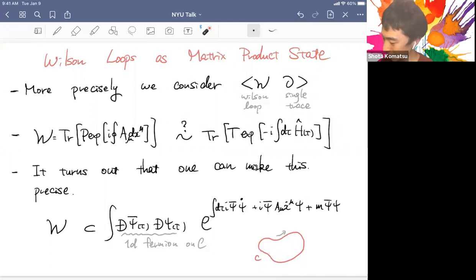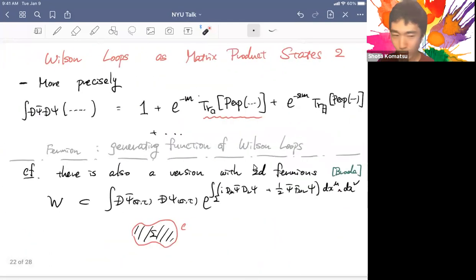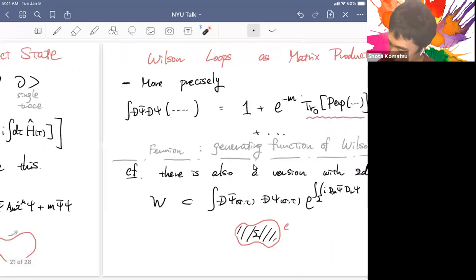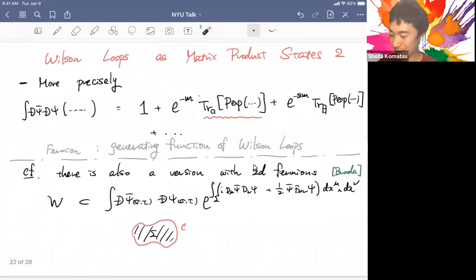This fermion has a standard kinetic term, and in addition, it couples to the gauge field, and it also has some mass term. And more precisely, what I meant by this symbol is that if you do this path integral and expand in powers of e to the minus mass, then at the leading order, you get 1.